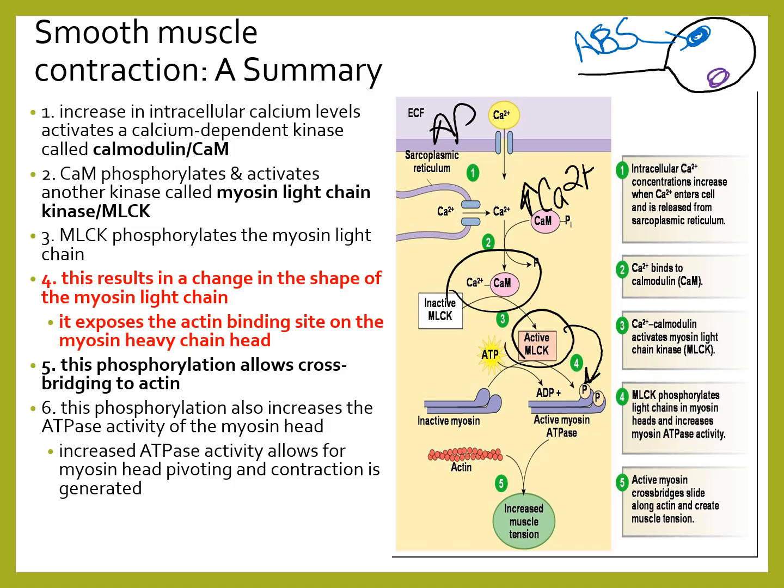I will put an ATPase site right there. Our myosin light chain right there normally covers that up. Phosphorylate it, it will shift it off. The actin binding site is exposed, and the phosphorylation also activates that ATPase site.